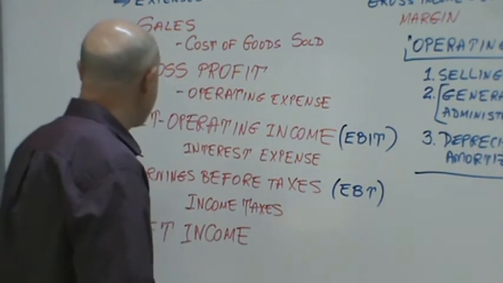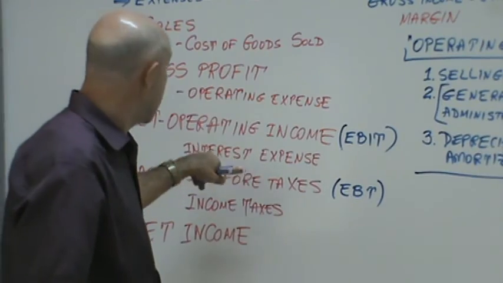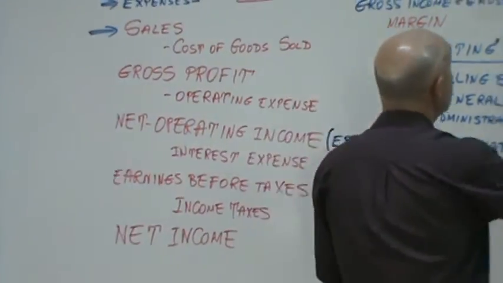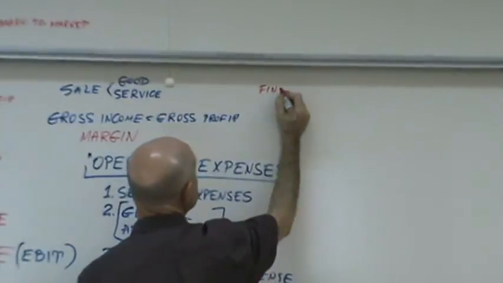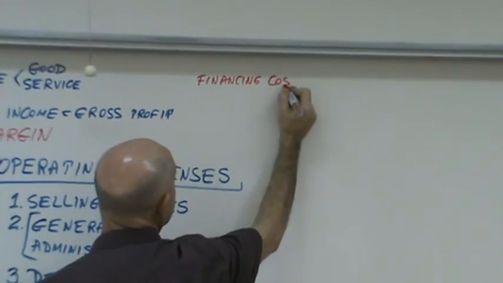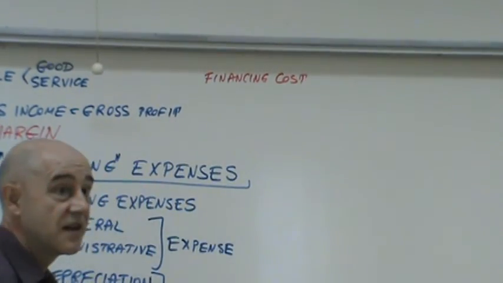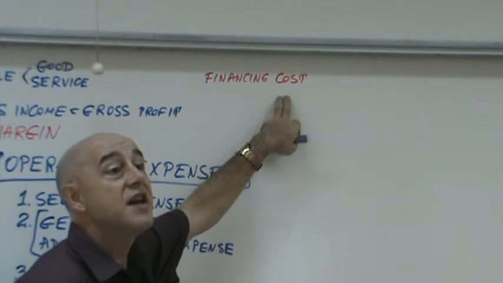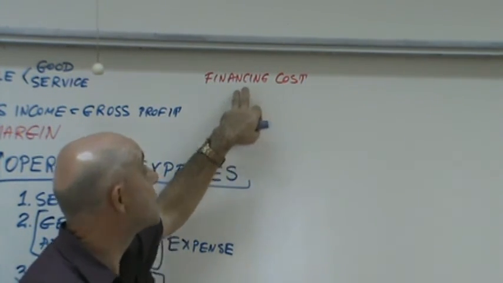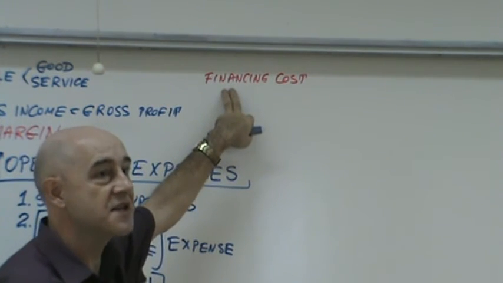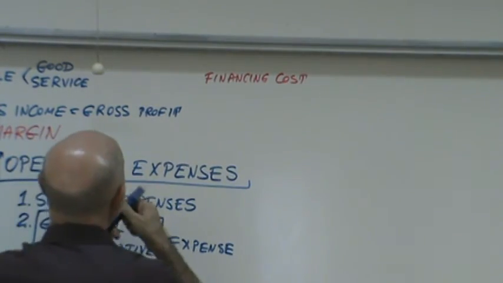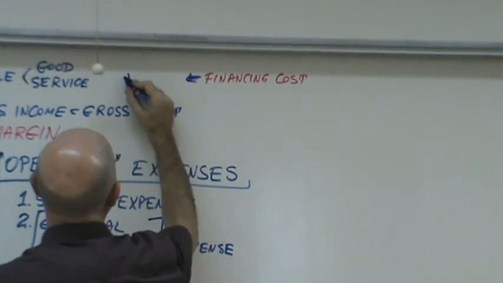Alright, interest expense has two words. Let's go back. One is called financing cost. Financing cost is interest expense. We call them payments associated with financing the business. Financing the business usually is in the form of borrowing.